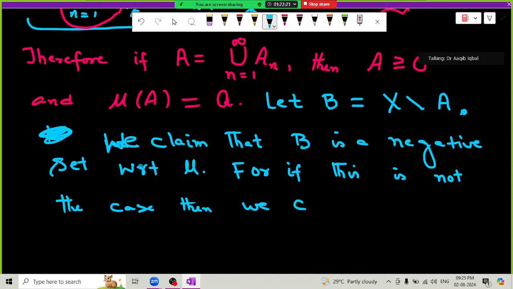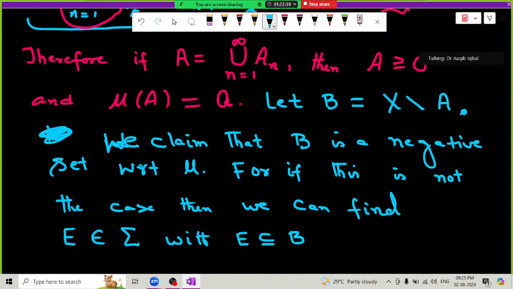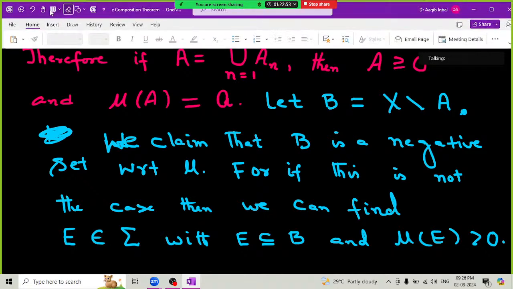For if this is not the case then we can find an E in sigma algebra with E contained in B, means E is a measurable portion of B and mu of E greater than 0. तो ये किया जा सकता है, we can find an E. Now what is this E?